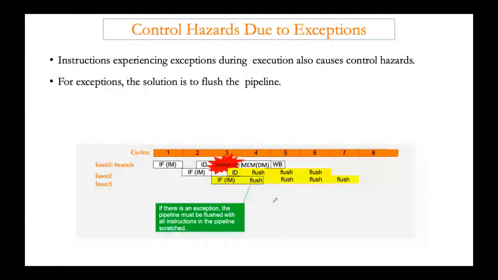Control hazards can also come from exceptions. If there are some exceptions, then after instruction fetching, when the instructions are decoded, if it identifies that there are certain exceptions during execution, it first handles these exceptions.